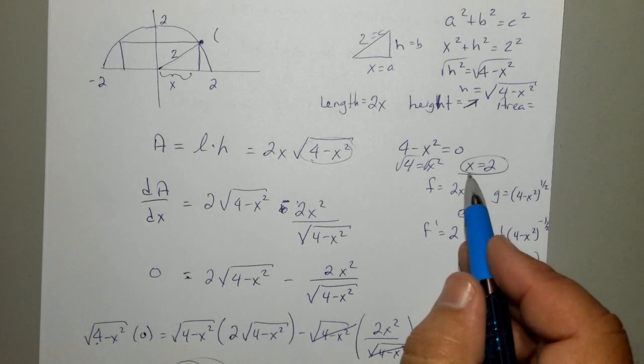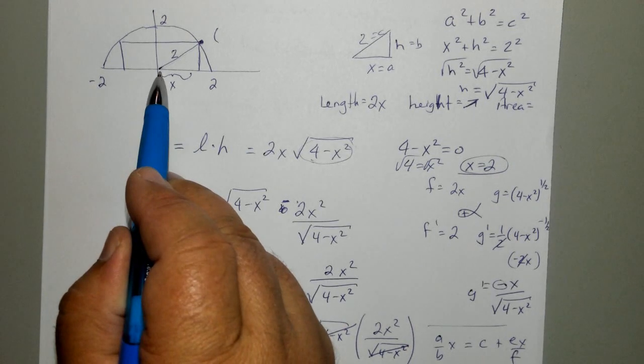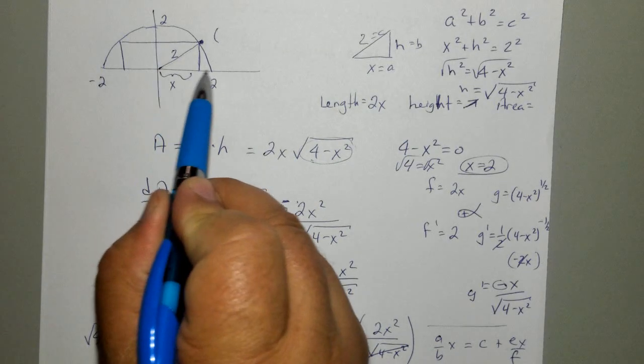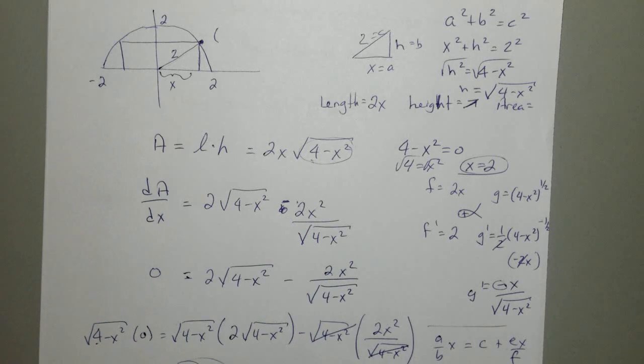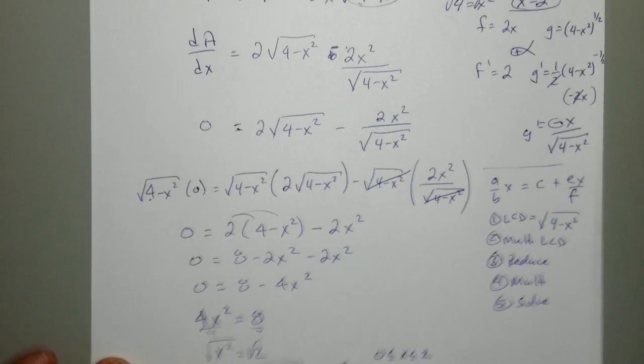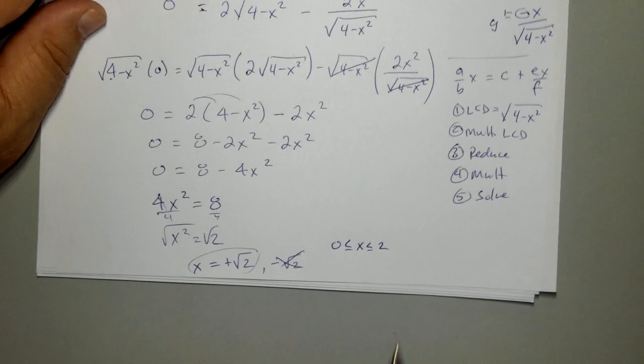The smallest x can be is 0. Again, you can't put negatives. So we looked at the domain because that's the radius of our circle, from 0 to 2. So x has to be between 0 and 2. That's our domain.